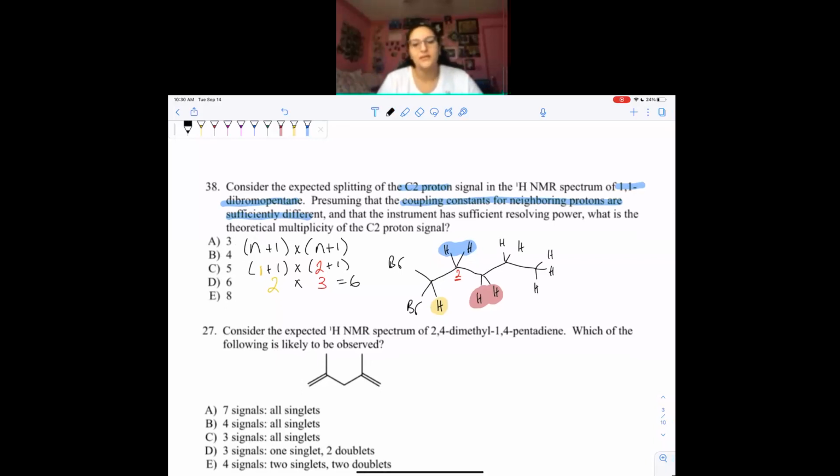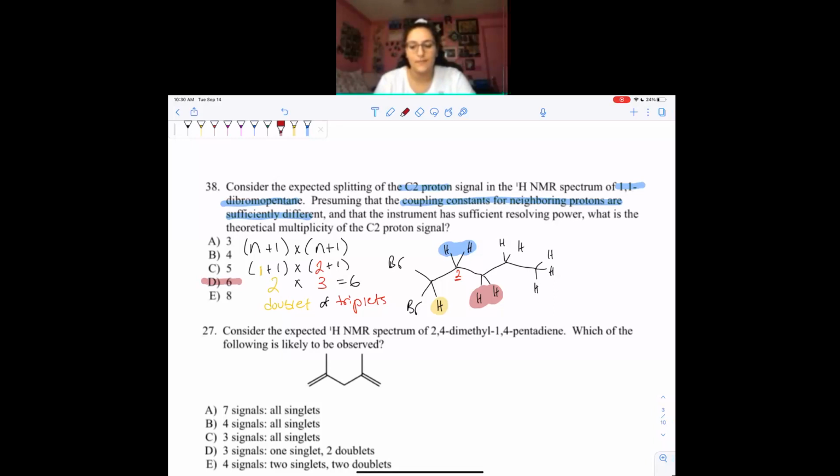Ta-da. So what would the name of this be? A doublet of triplets, exactly. Ta-da. Any questions about how I did this, or how to read the question, or anything like that?